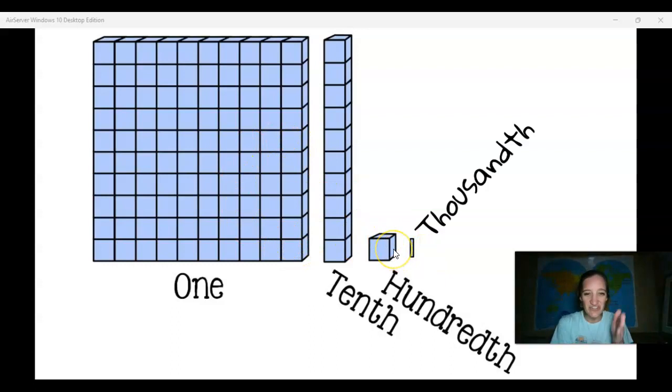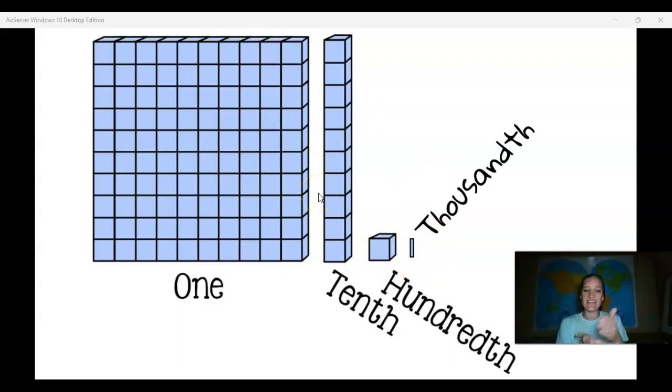Then if we took this little hundredth and cut it into 10 little pieces, one of those tiny pieces would be a thousandth. It takes 10 thousandths to make 1/100th, and it takes 1,000 to make one whole.